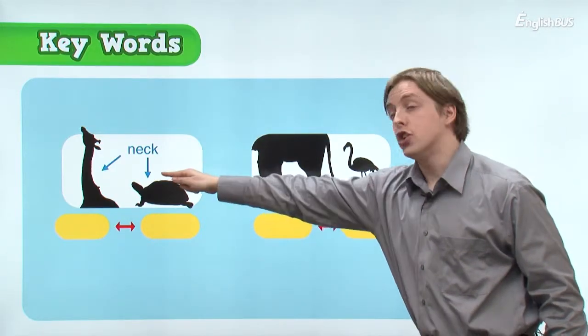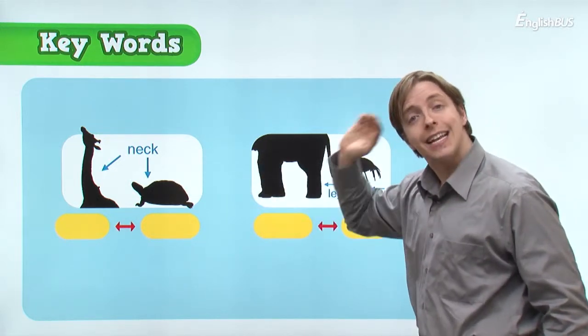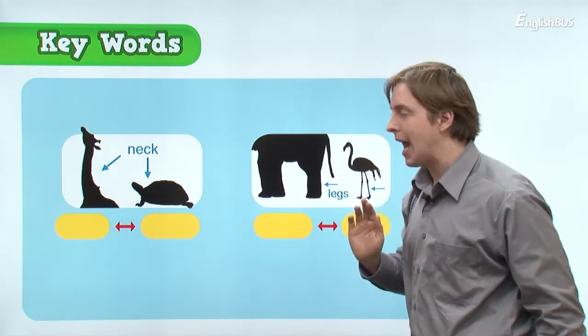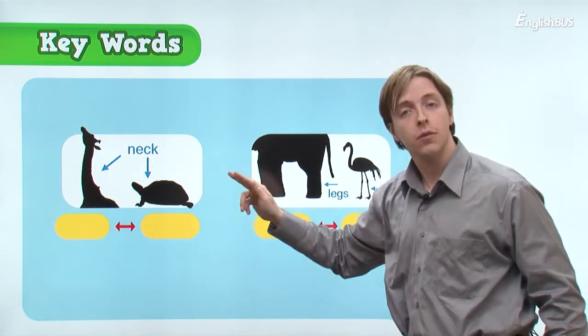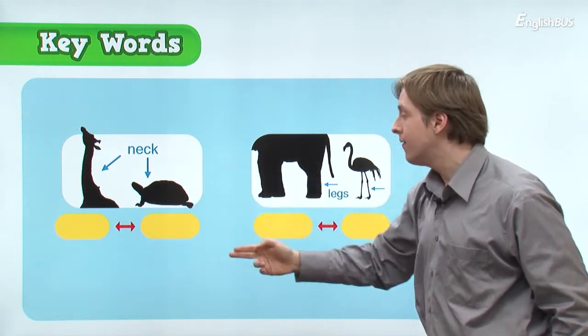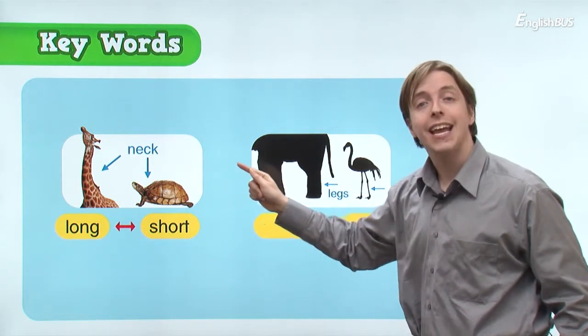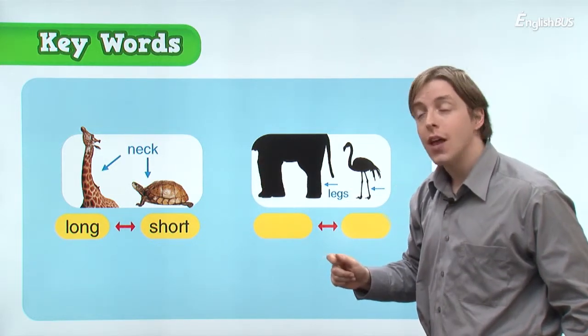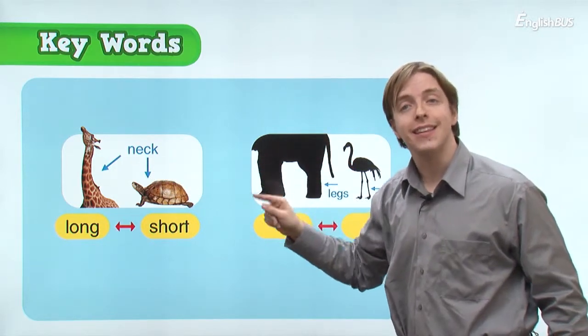So here we have a giraffe again, but look, it's pointing specifically at the necks of these animals. The neck of a giraffe and a turtle. So here we would say the neck of a giraffe is very long and a turtle's neck is very short. So we would use the word long, not tall in this case.